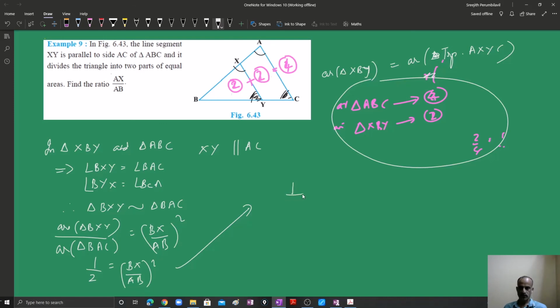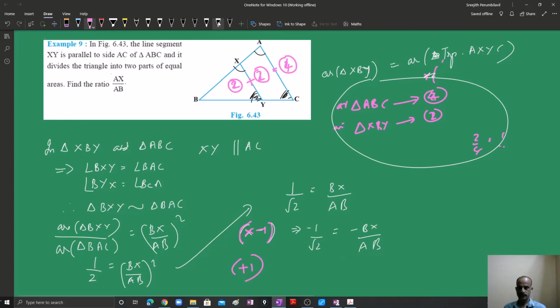Taking square roots, 1 by root 2 is equal to BX by AB. We have BX by AB, we need AX by AB. So multiplying throughout by minus 1, what happens? Minus 1 by root 2 is equal to minus BX by AB. Next operation is adding 1 on both sides.